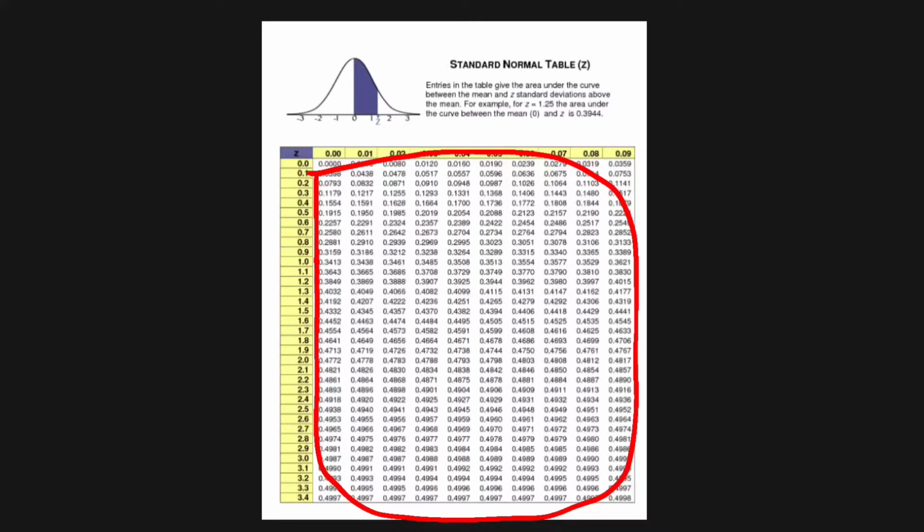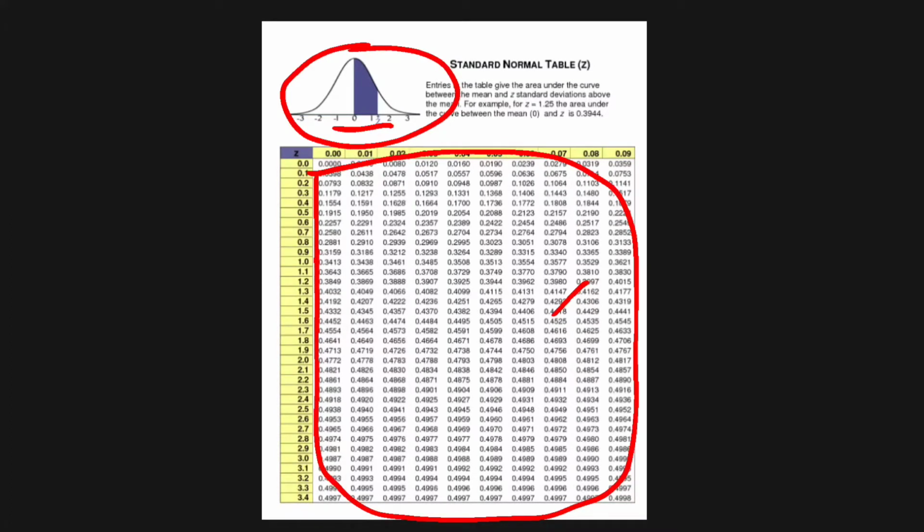Pag gagamit kayo ng table, titingnan nyo lagi yung drawing. Yung drawing sa taas ay ibig sabihin, yung areas na nandito sa loob ng table natin, yun yung mga values between 0 and the given z, yung nasa gitna.